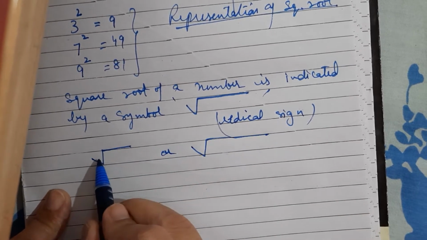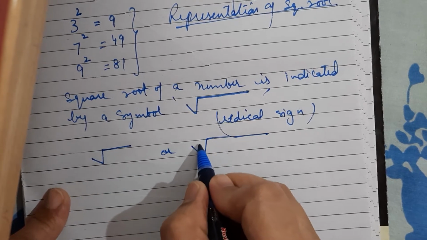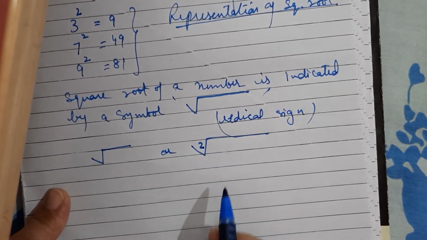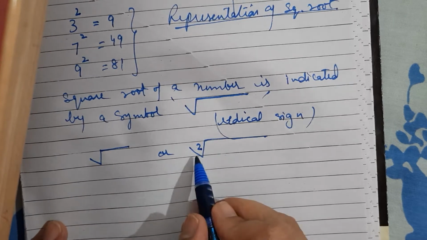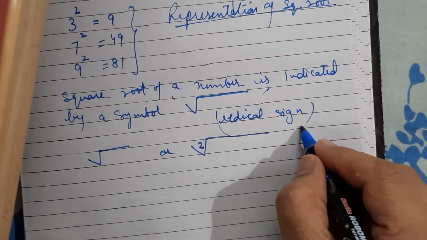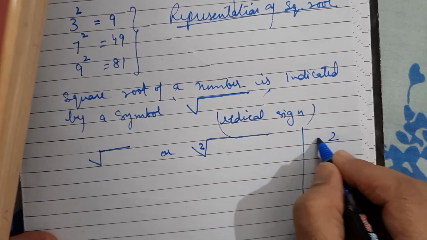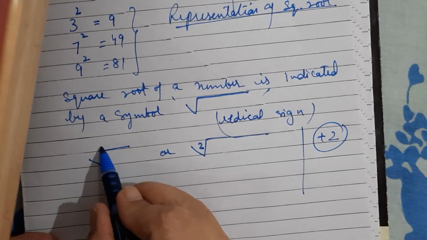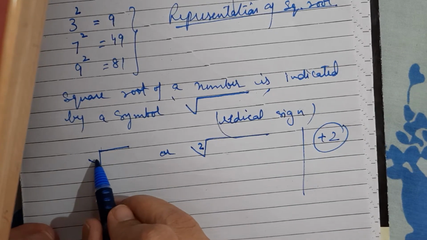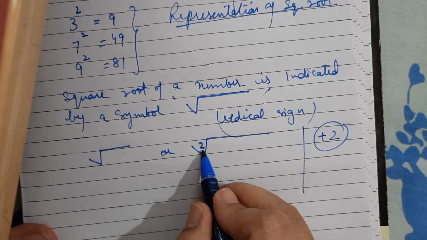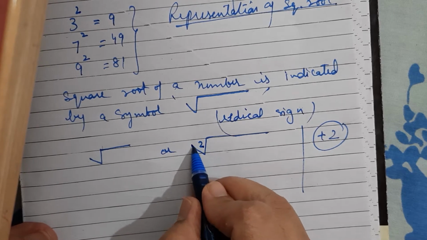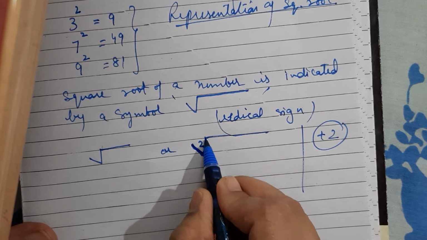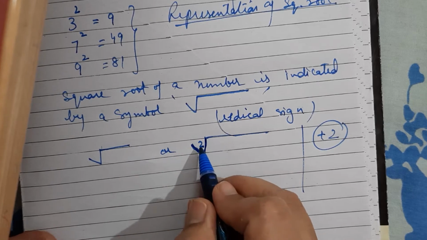Now see, here it is blank, but actually there is a number 2 for square root, because 2 stands for square. So here it is 2. As for a positive number, we are not writing a plus sign in front of it. For the square root, we are not writing any number over here, but otherwise there is a 2 inside this V portion, right? Inside, not outside, in between this.